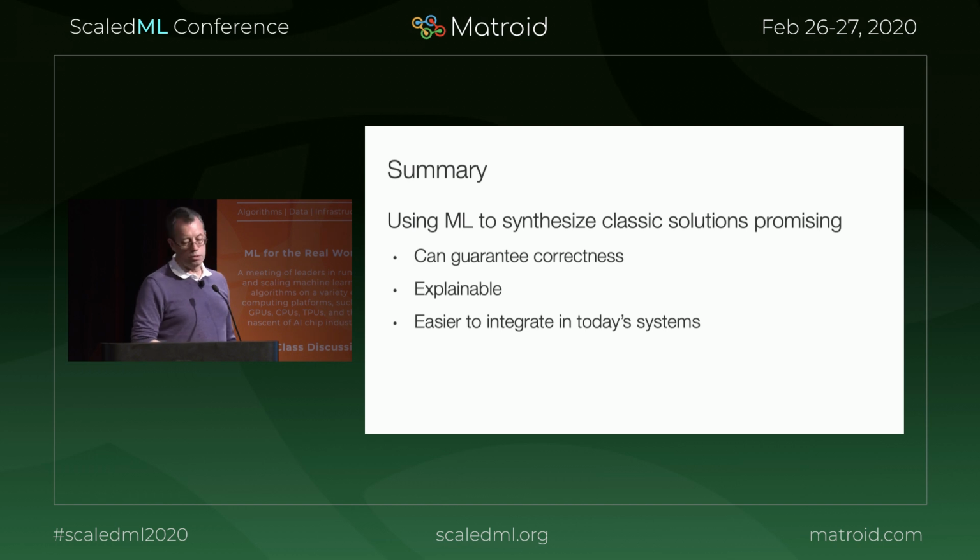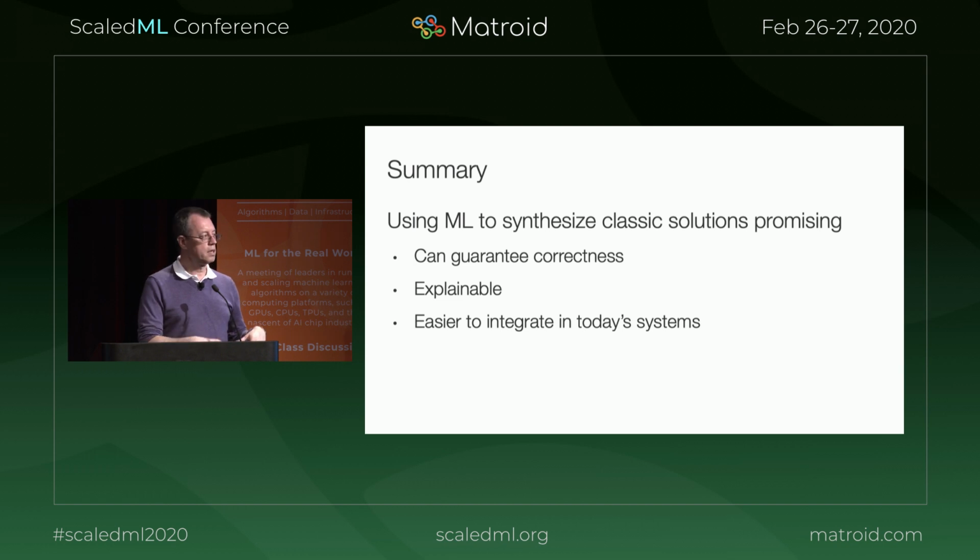Okay? So in summary, when we are talking about machine learning and deep learning in particular, one of the challenges we always struggle with is correctness, to prove the correctness and to explain what the program is doing. And you see a lot of work on that. So in this talk, I'm proposing a different approach to achieve these goals of correctness and explainability.